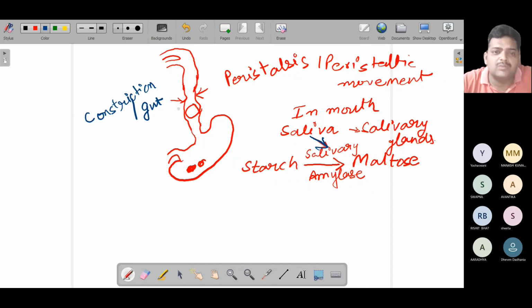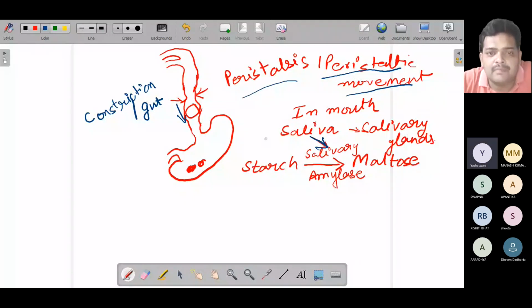The movement of this gut moves downward. This movement is called a peristaltic movement, or peristalsis. The gut pushes the food in the downward direction, and hence the movement of the gut is called peristalsis or peristaltic movement.